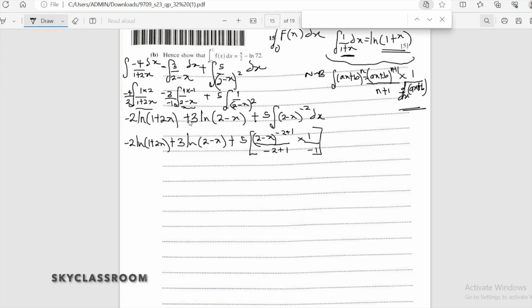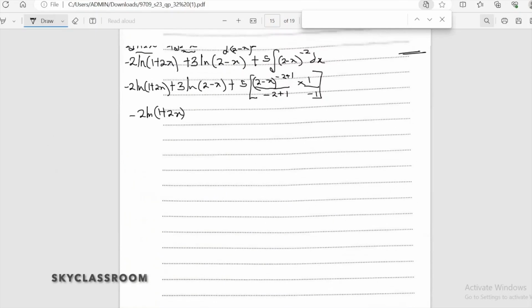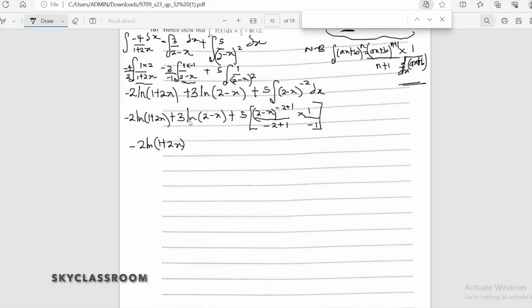At the end of the day, we have minus 2 ln(1 plus 2x) plus 3 ln(2 minus x). Now this one, 5 times minus 2 plus 1 is minus 1, and minus 2 minus 1 is minus 1, which makes it plus.